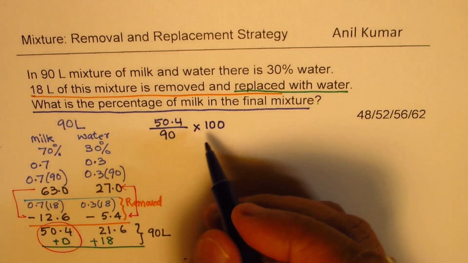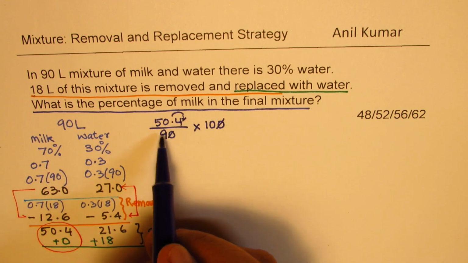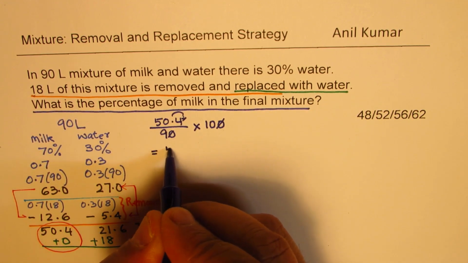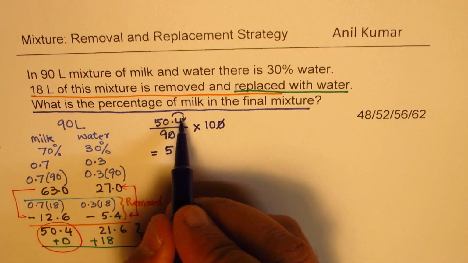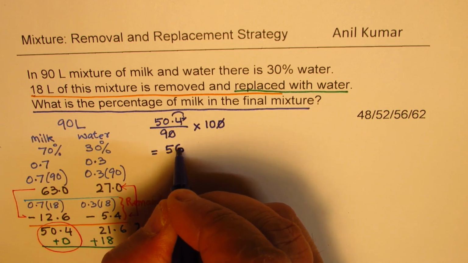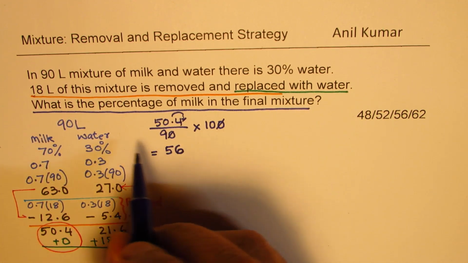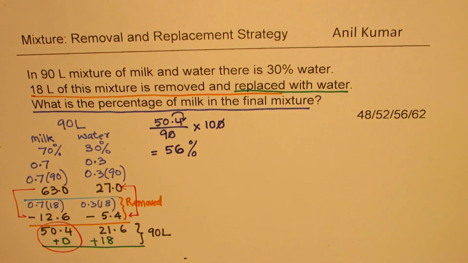Okay. So basically this decimal moves to this place. We can divide this by 9, right? So that gives you 9 times 5 is 45, and then we have 54. 9 times 6 is 54. So we get 56. So 56% is the milk. We get our answer, correct? So the answer is 56%.